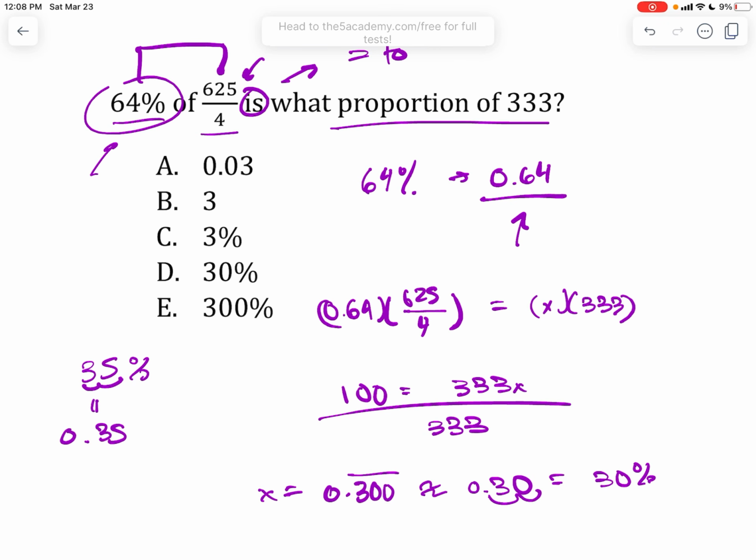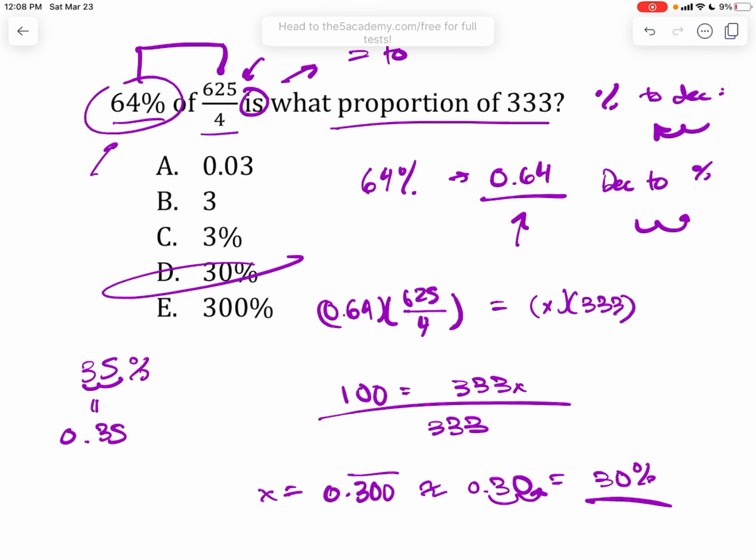So again, percent to decimal, you go 2 places to the left. Decimal to percent, you go 2 places to the right. All right, so we went 2 places to the right. We got 30%. That's my answer. So what are the key skills here?